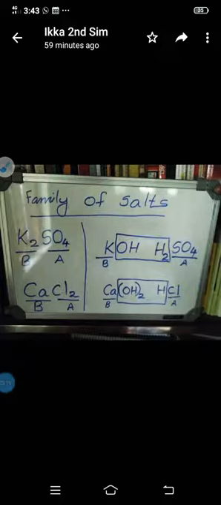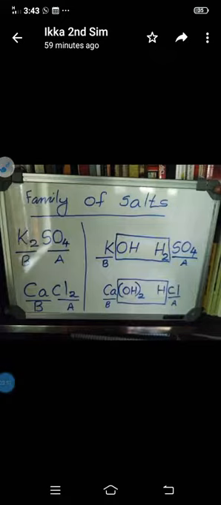So, from the acid, hydrogen will be removed and it will combine with OH from the respective base to form water. So, what is remaining there? K plus ion from the base and SO4 2 minus ion from the acid. These two ions will combine together to form the salt K2SO4.